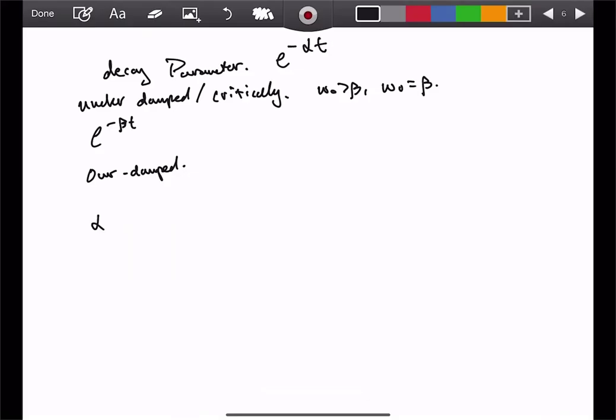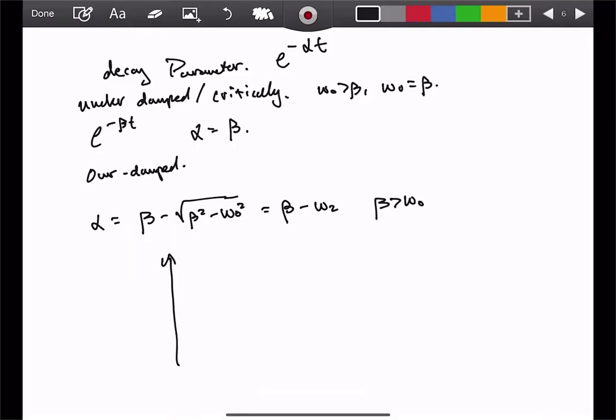So in this case, alpha is equal to beta minus the square root of beta squared minus omega 0 squared, which is the same thing as beta minus omega 2, where again, in this case, we had beta greater than omega 0.